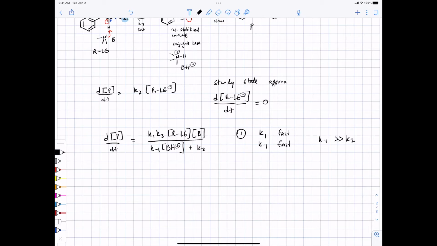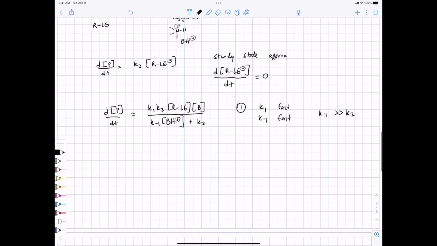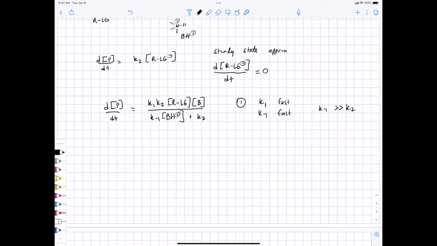All right? So then, what's the rate law going to look like? I could simplify it to what? If K minus 1 is greater than K2, then I could neglect the K2 term, right?